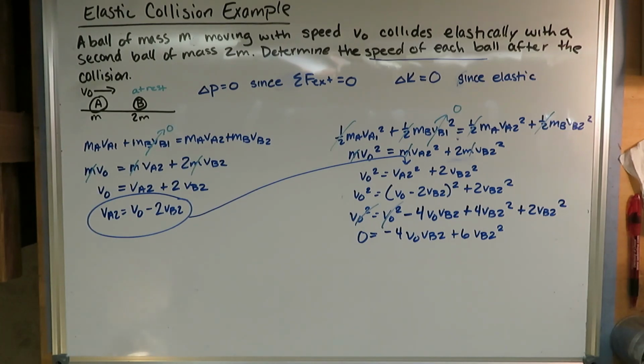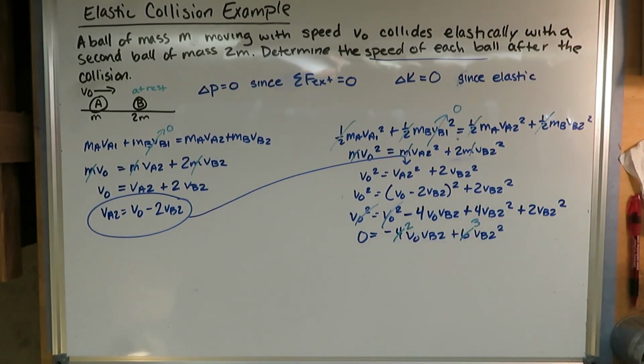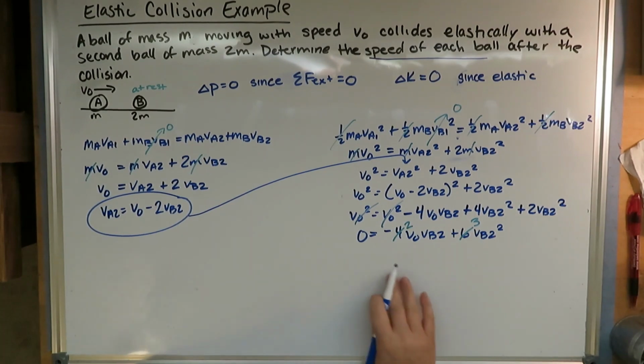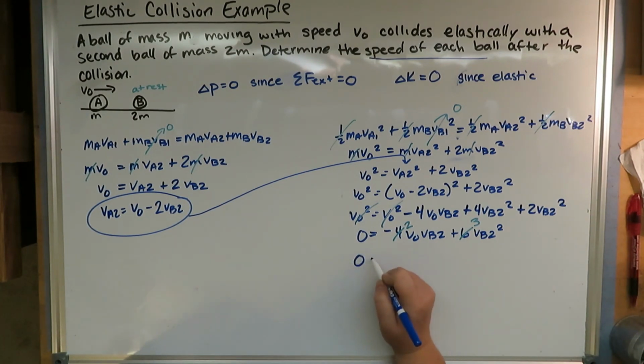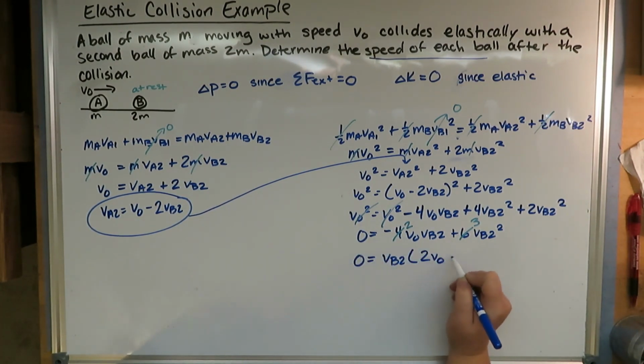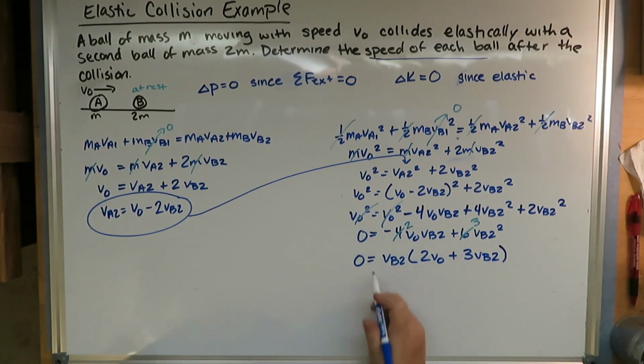If I wanted, I could divide all of this by 2, so it's going to be 2, and that's going to be 3. Then I can factor out VB2. So I get 0 is equal to VB2 times (negative 2 V0 plus 3 VB2). And then I could set both of those factors equal to 0.